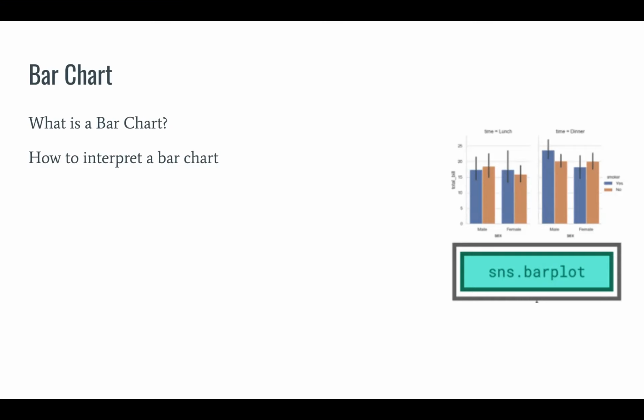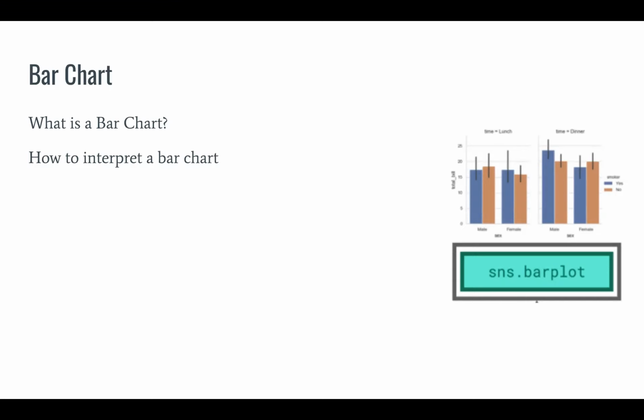How can you interpret a bar chart? So a bar chart provides a visual representation of the values of a variable for different categories. So the height of the bars provides a quick and easy way to compare the values of the variable for different categories.